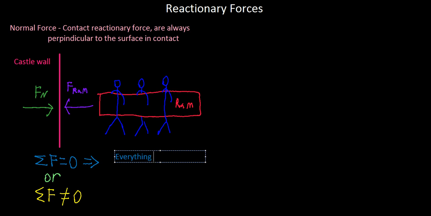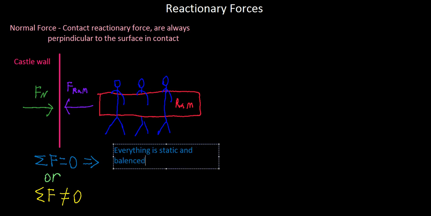It's in static equilibrium, obviously. Everything is static. Let me make this a little bit wider, but not too wide. I'll just go ahead and stack them on top of each other. Everything is static. Everything is balanced. In other words, or another way to look at it, i.e., nothing broke.